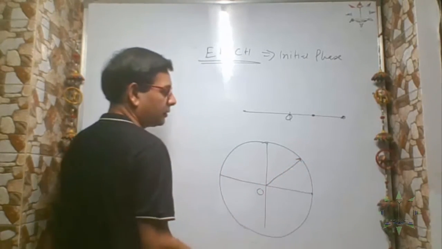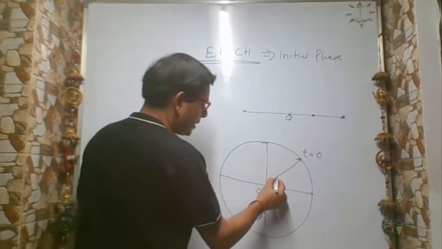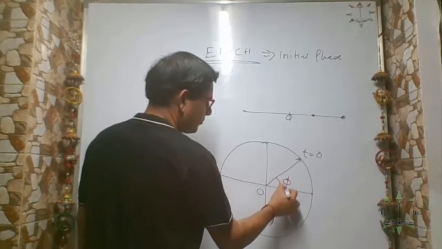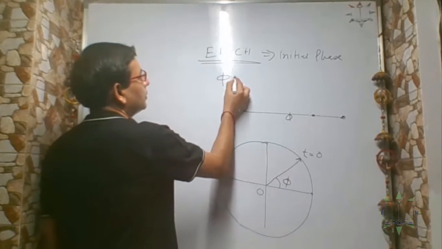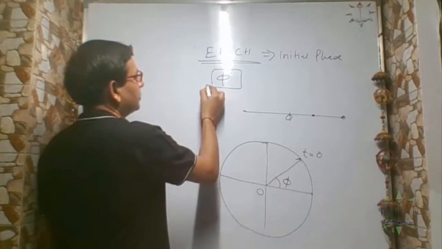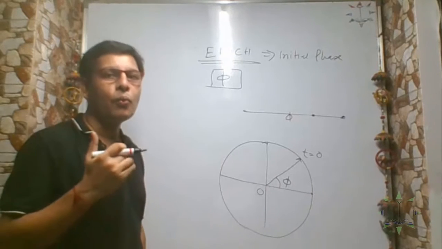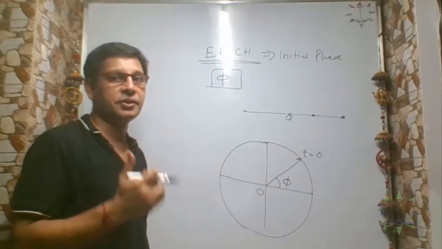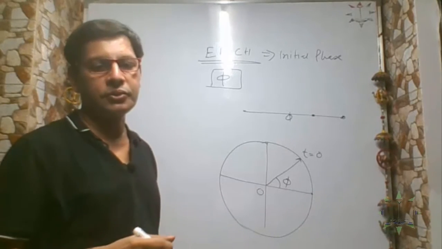This is possible. At t equal to 0, the particle is here. So this angle is called epoch. Epoch is the initial phase angle when the particle starts its journey. When t equal to 0, whatever is the initial angle, that is called epoch.